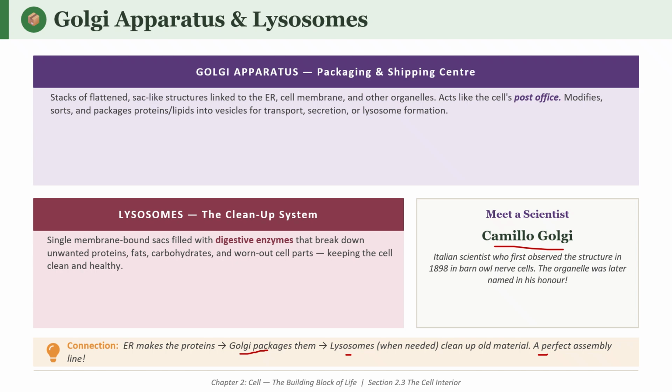For example, white blood cells, our soldiers of the body, use lysosomes to destroy bacteria. Another interesting example is the human sperm. It contains lysosomal enzymes that help to penetrate the egg during the fertilization process.